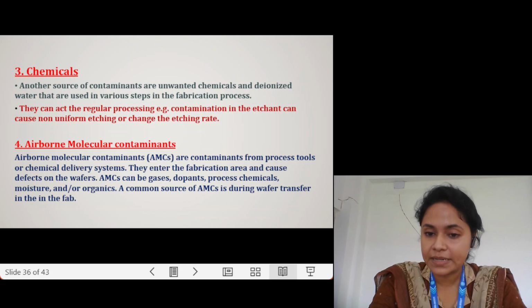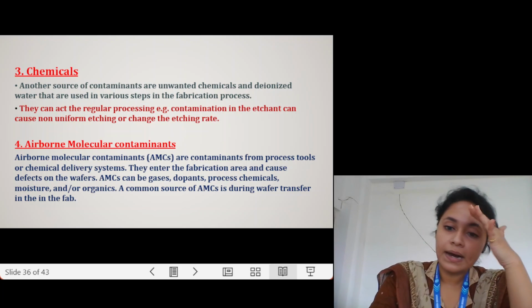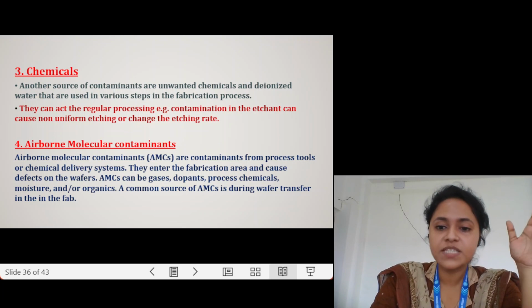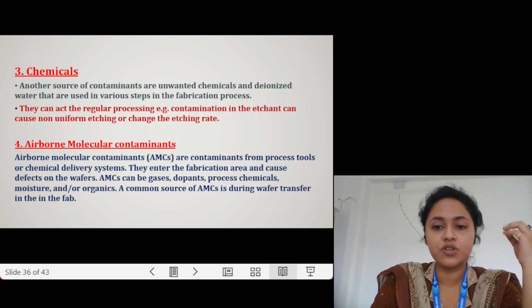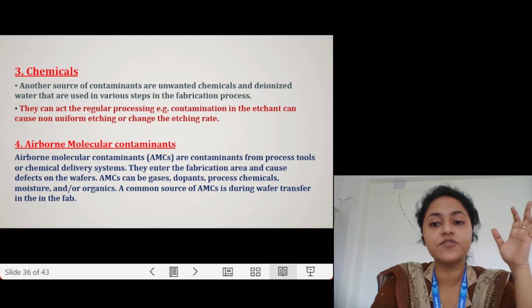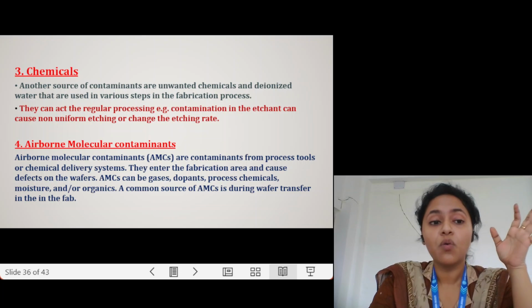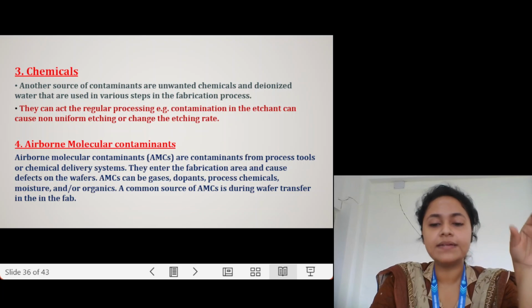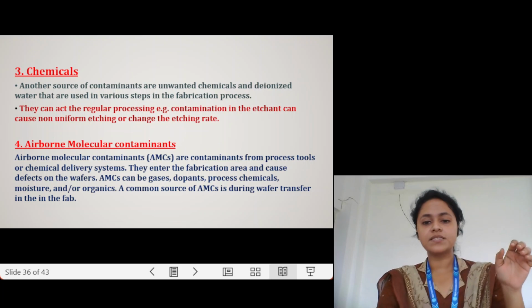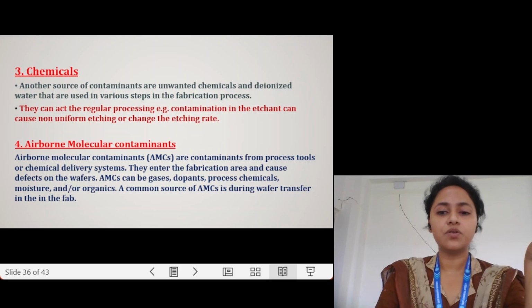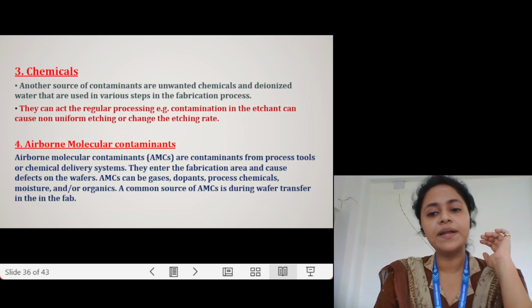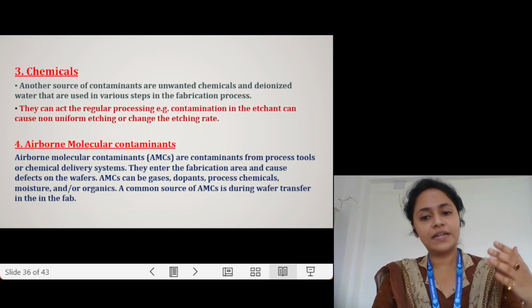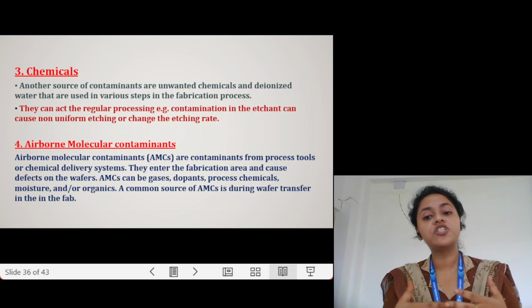To remove the impact of all these particles from your fabrication technology, you need to prepare those nanomaterials in a particular room that is called a clean room. By using clean room technology, you will be able to make better, more efficient devices.